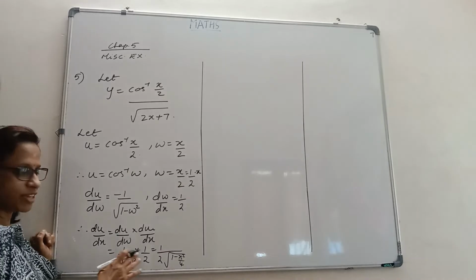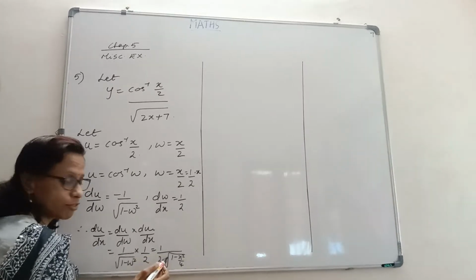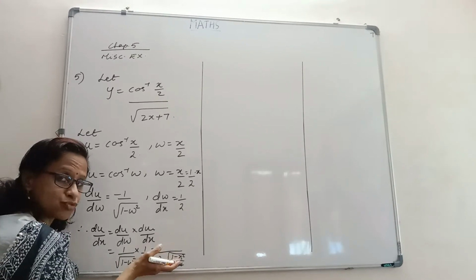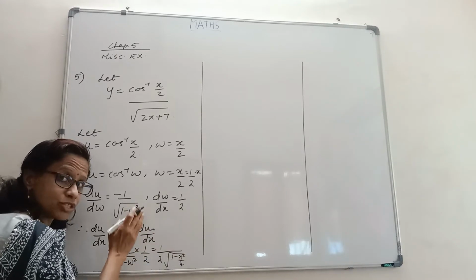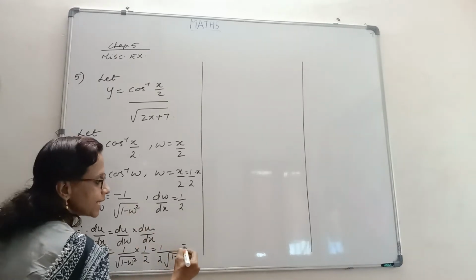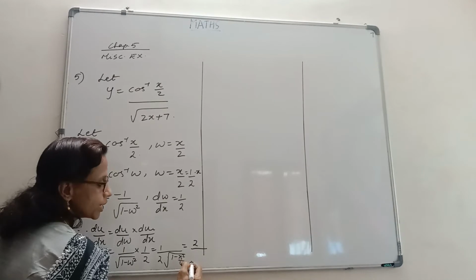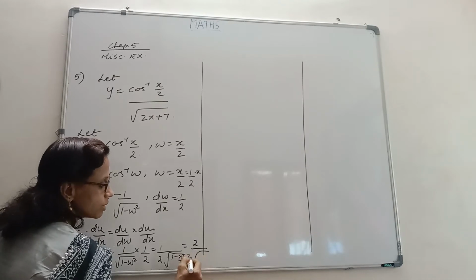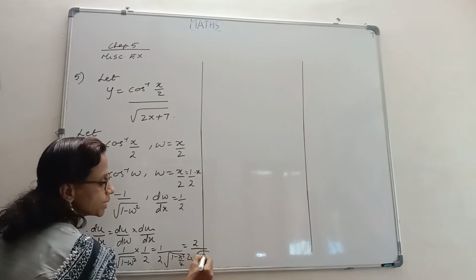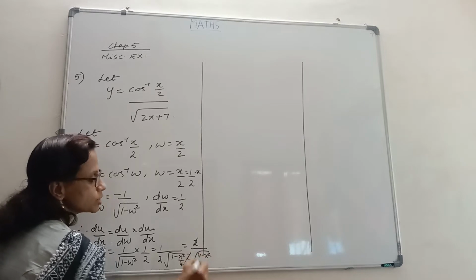We could do this simplification, getting 4 by 4, and this 4 in the denominator always goes to the numerator. So this becomes 2 by root of 4 minus x squared, where this 2 and this 2 can cancel.